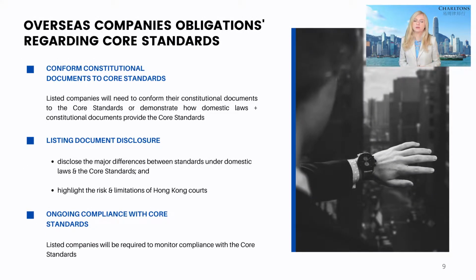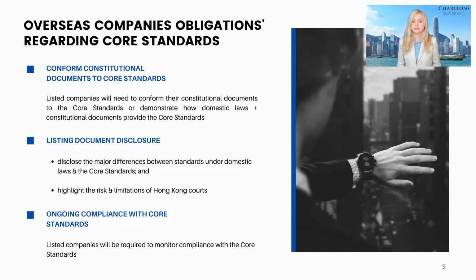Appendix 3 to the Hong Kong Exchange's listing rules will codify the existing practice that all companies listing on the Hong Kong Stock Exchange will have to conform their constitutional documents to the core standards or demonstrate how the domestic laws and regulations to which they're subject and their constitutional documents taken together provide the core standards.